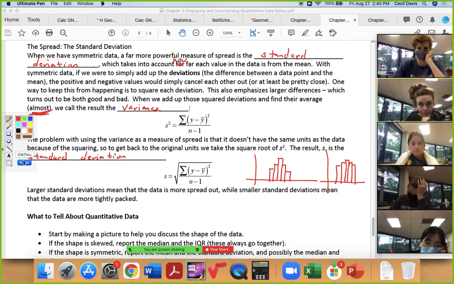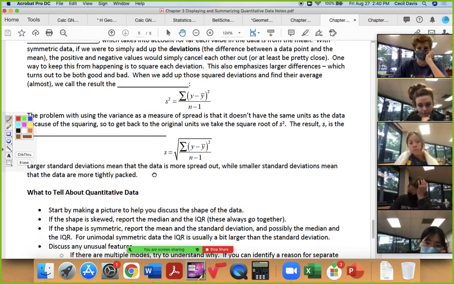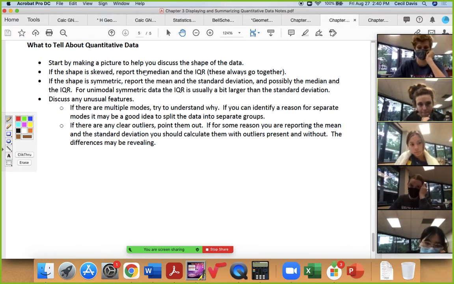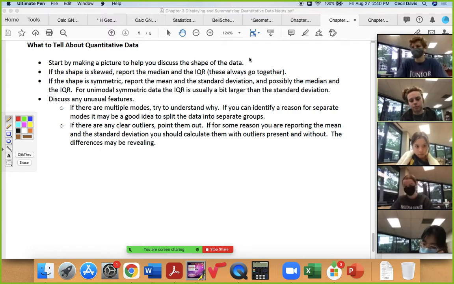All right, so if you're asked to talk about quantitative data, here are the things you should do. Start by making a picture to help you discuss the shape of the data. In most cases, the best picture for this is a histogram.